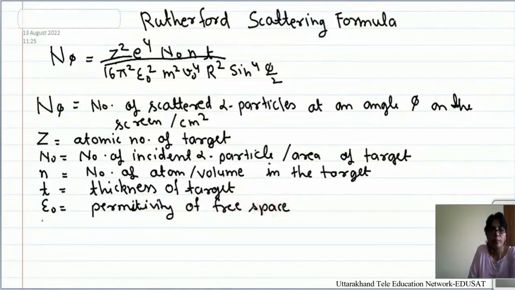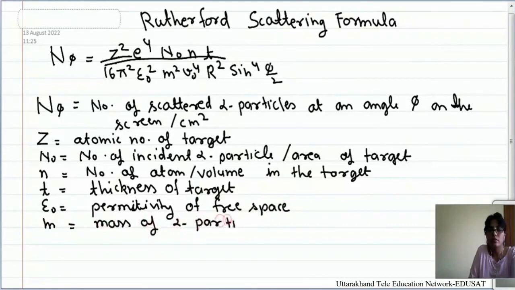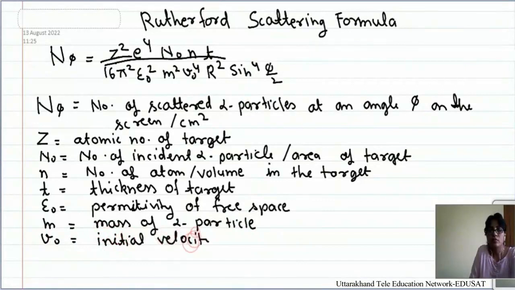And then m is the mass of the alpha particle. Then v naught is the initial velocity of the alpha particle.